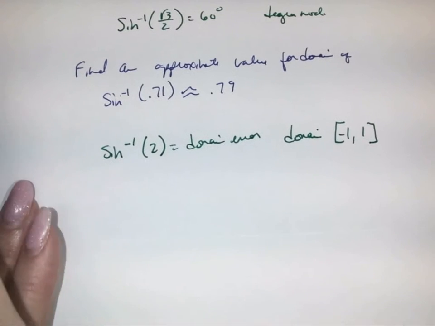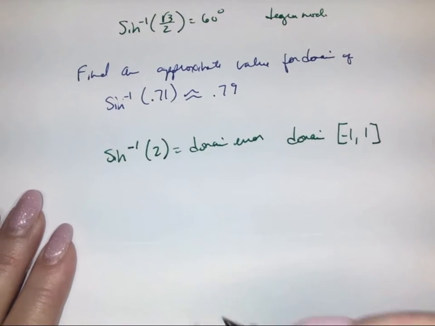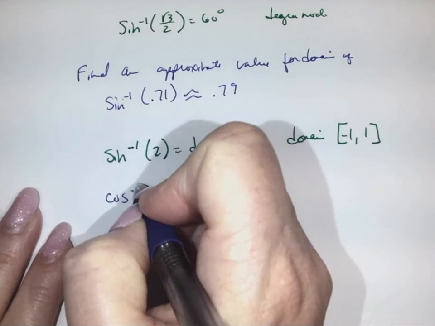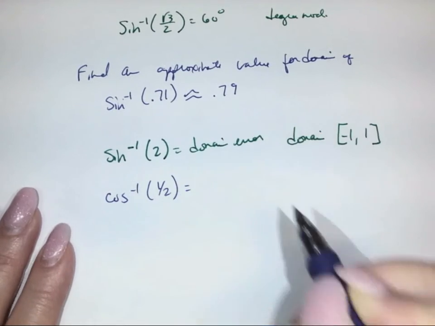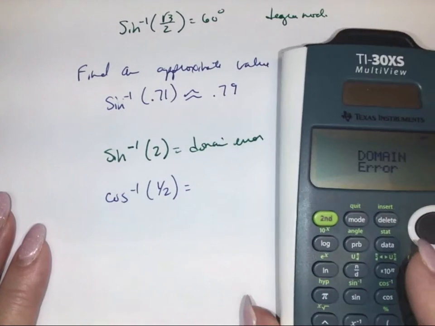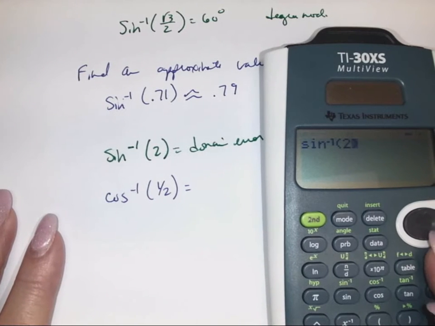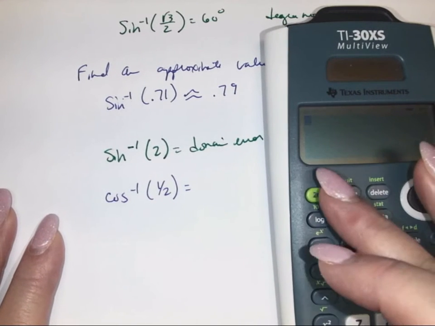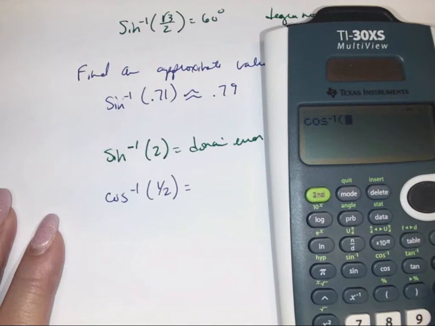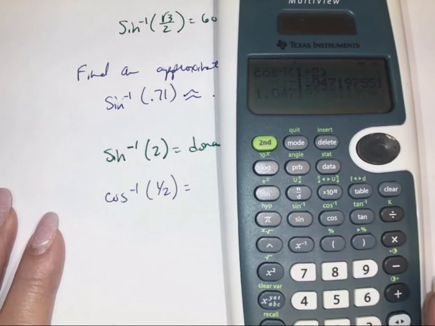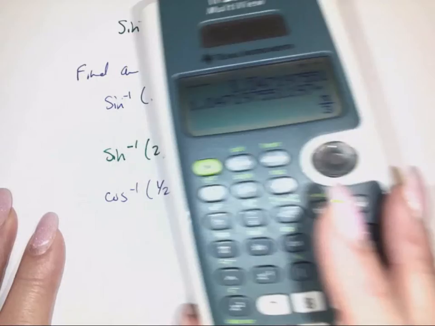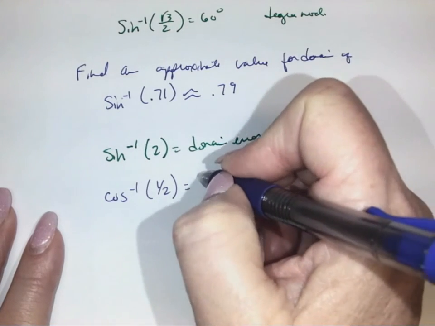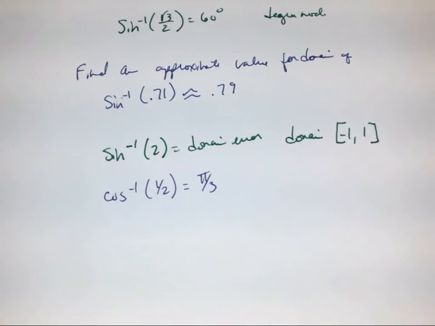All right, let's go do a cosine. So if we do the cosine inverse of 1/2, we might know this from our unit circle already. So let's clear that out. We have second cosine inverse of 1 divided by 2. We'll get that, and I can do the double arrow button on mine and get that it's pi over 3. So there we're getting those values.